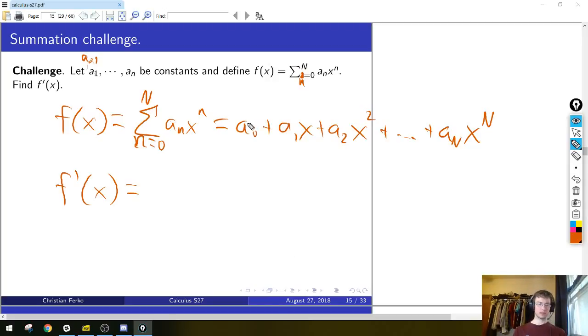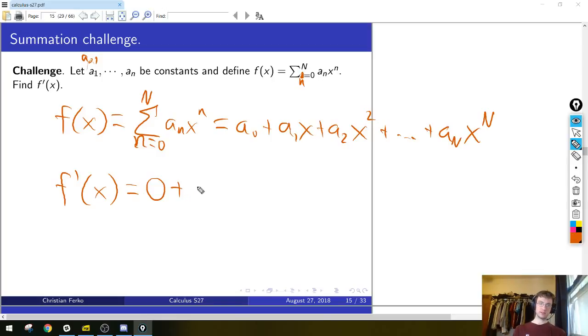So I guess we can just go through each and see that the derivative of a sub 0 is going to be 0 since it is a constant. The derivative of a sub 1 x is going to be 1 because it is just to the power of 1. 1 times a sub 1, though, right?